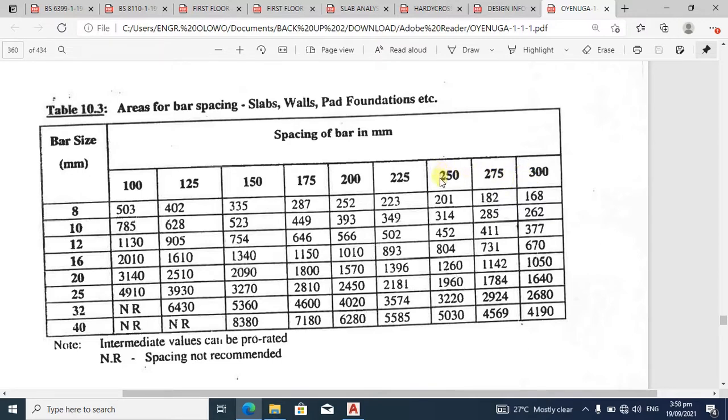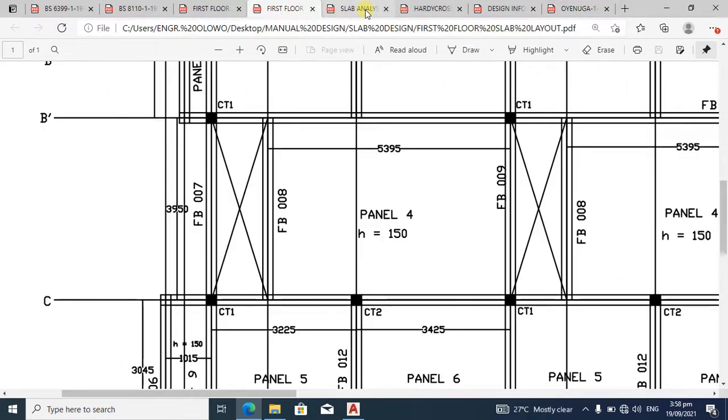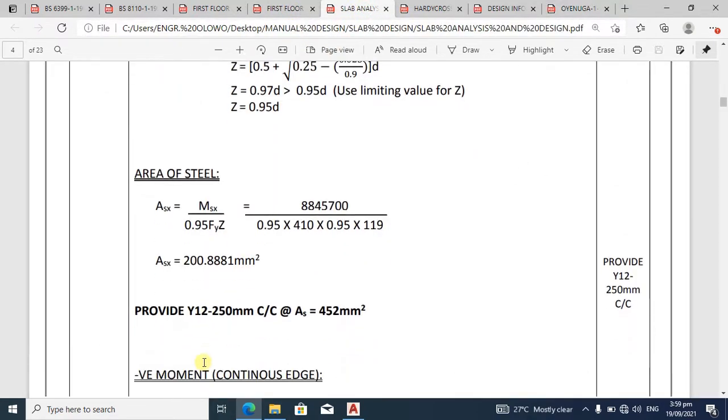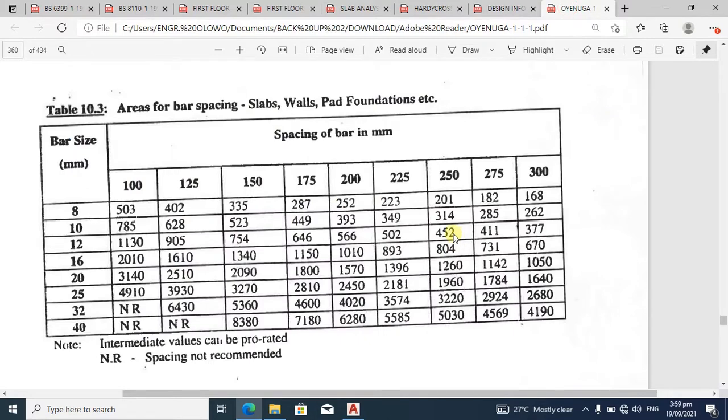Let's just provide the reinforcement at a spacing of 250 so that we can be on a very safe side. That is why we are going to provide Y12 at 250 millimeter center to center, and the area of steel is 452 millimeter square. Can you see this is 452?